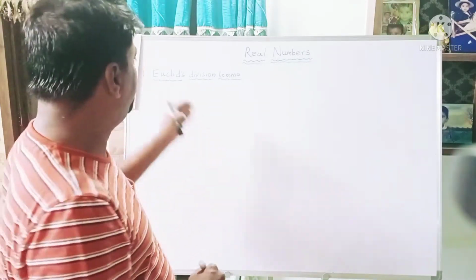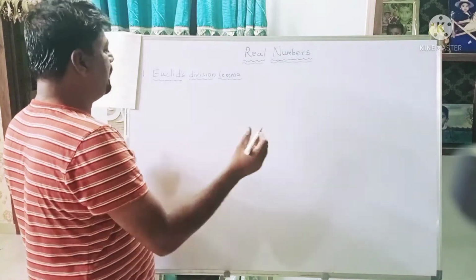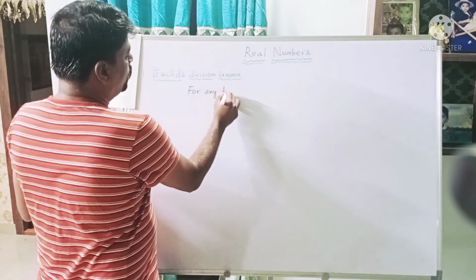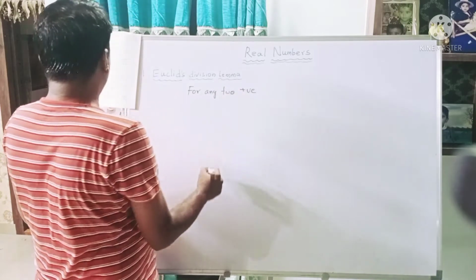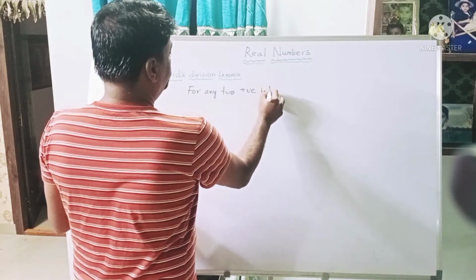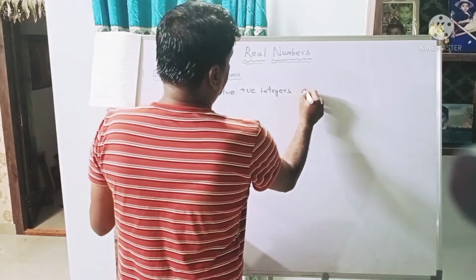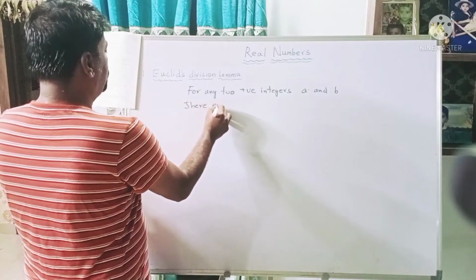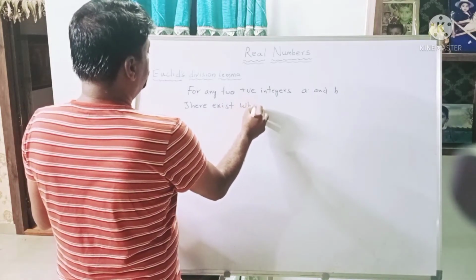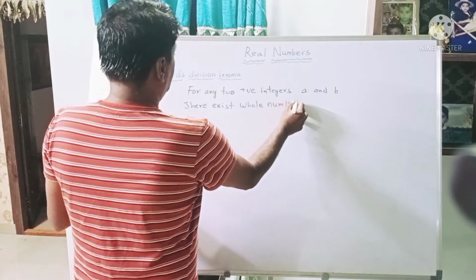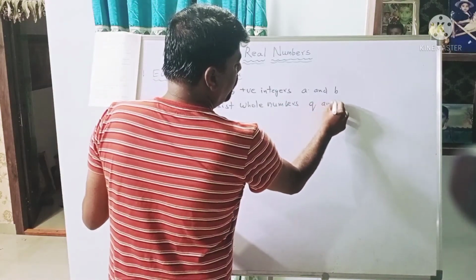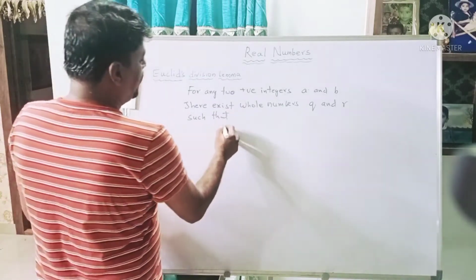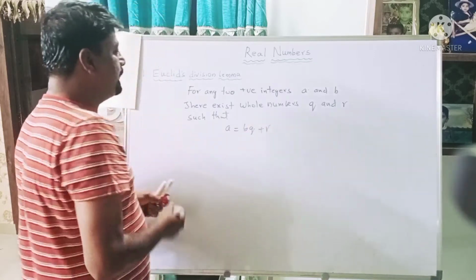The definition of Euclid's division lemma is: for any two positive integers a and b, there exist whole numbers q and r such that a is equal to bq plus r. So this is Euclid's division lemma.